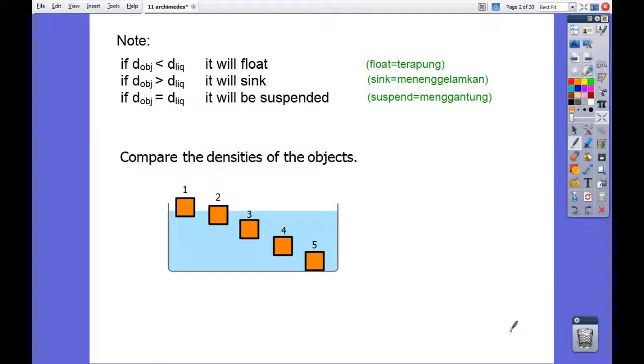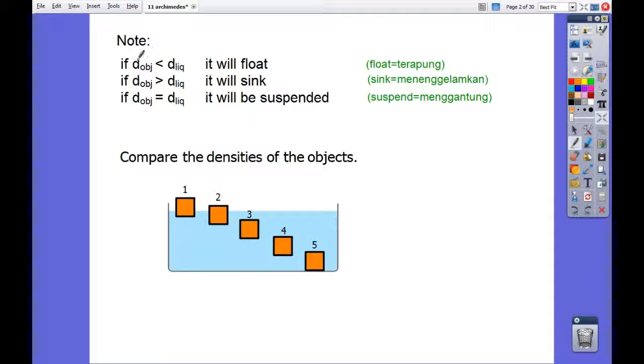Some objects float, some objects sink, and some objects will be suspended inside the water. This phenomenon, whether the object sinks, floats, or is suspended, depends on the density of the object compared to the density of the liquid.